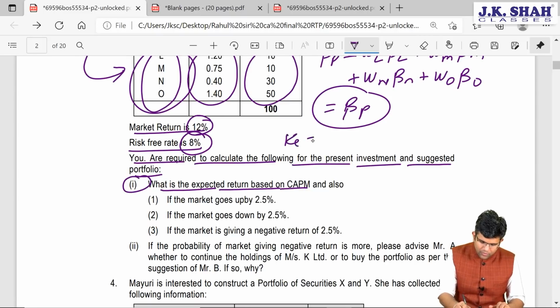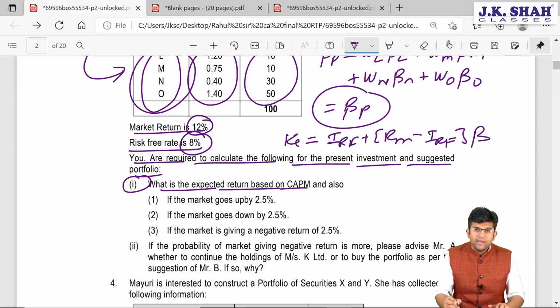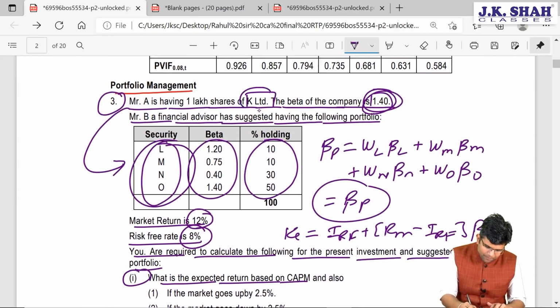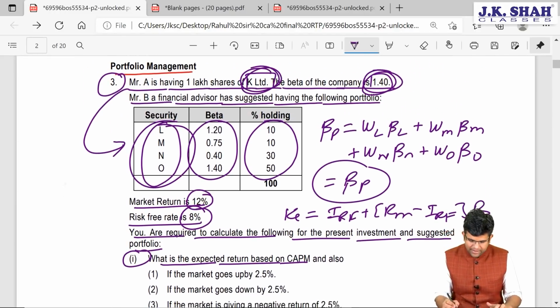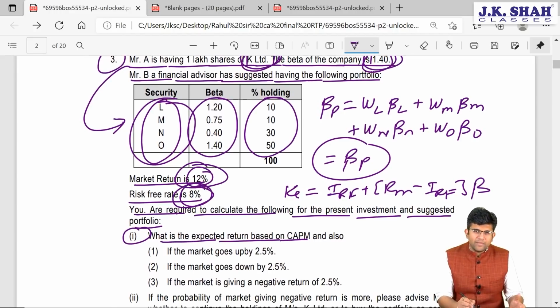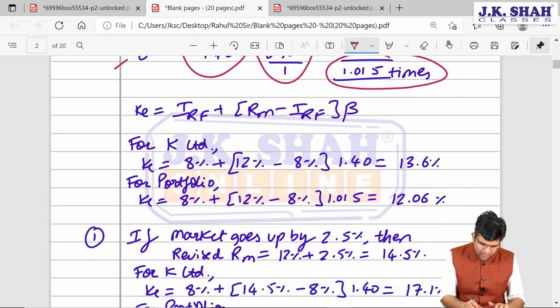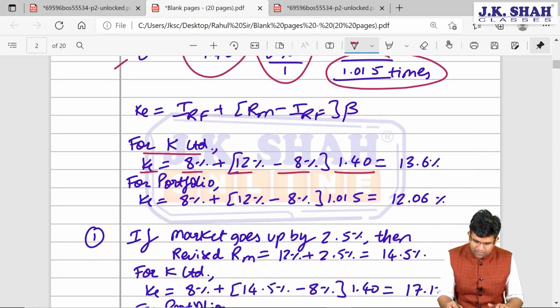Children, we know the formula of KE is IRF plus RM minus IRF into beta. Now students, if we calculate KE for present investment, that is K Limited, IRF and RM will remain same, 8% plus 12% minus 8%, and the beta we will be taking is 1.4. So here for K Limited, the KE will be 8 plus 12 minus 8 into 1.4.